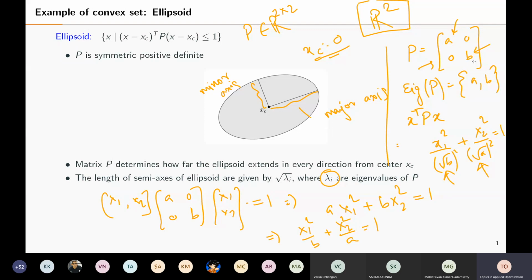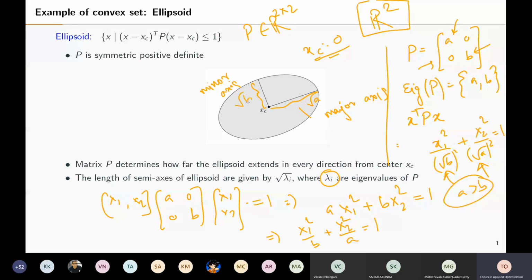If A and B turn out to be equal, then it becomes a circle, not an ellipsoid, right? For it to be an ellipsoid, the eigenvalues must be different. So without loss of generality, let us say that A is greater than B. Then the major axis is square root of A, and this is square root of B.